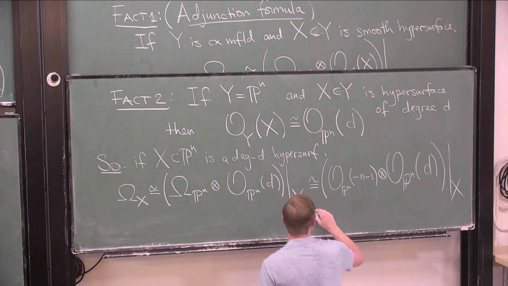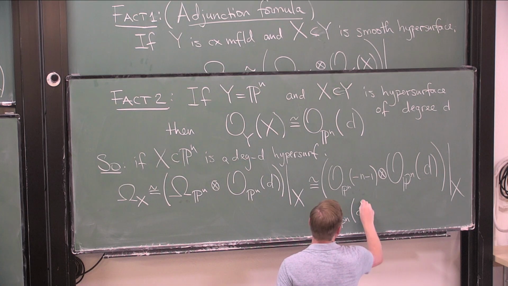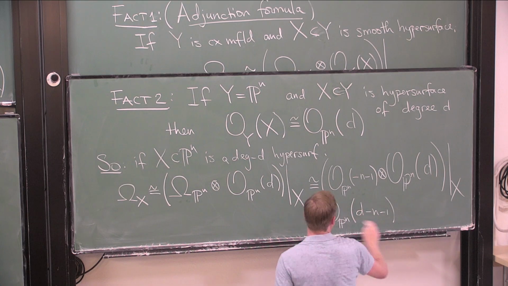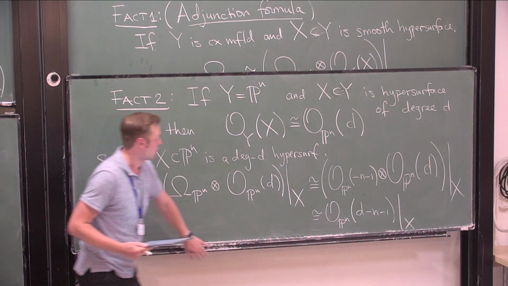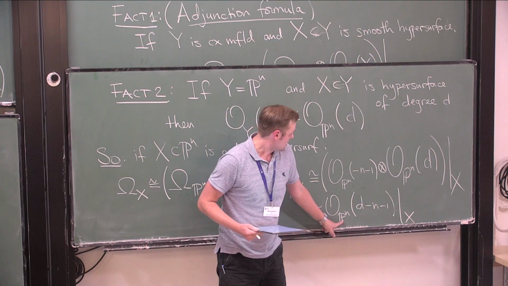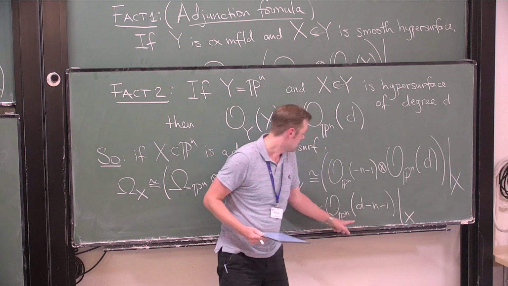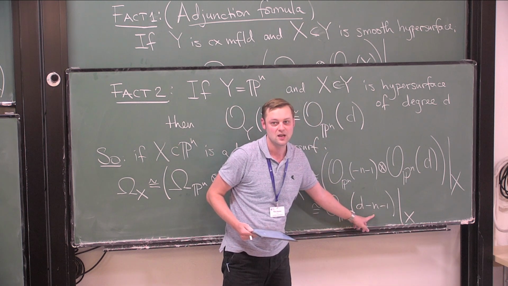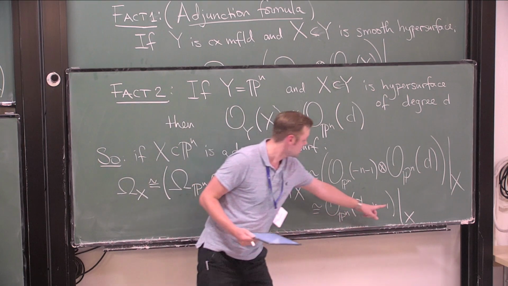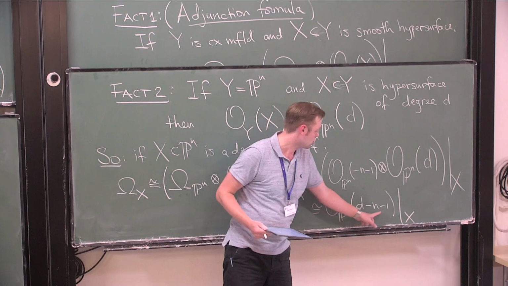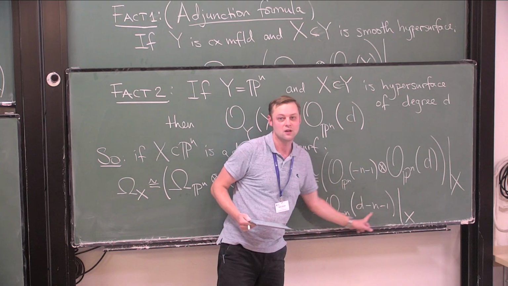And so this thing is really just O_{P^n} of d minus n minus 1, restricted to X. So from this, you can see that if I'm looking for a hypersurface X inside P^n such that the canonical bundle of X is trivial, I better make sure that the degree of that hypersurface, d, is such that this number equals 0.